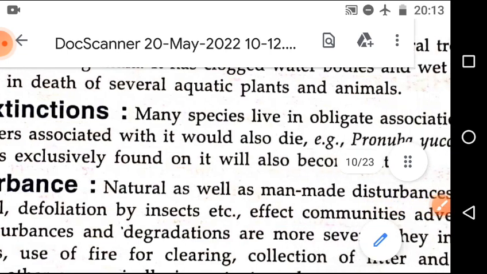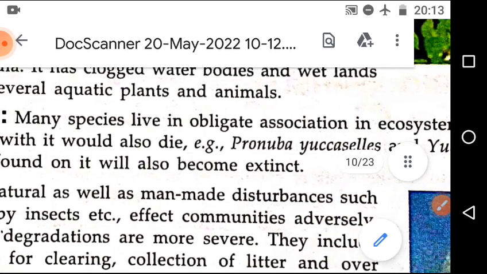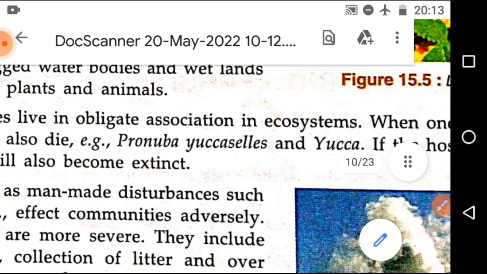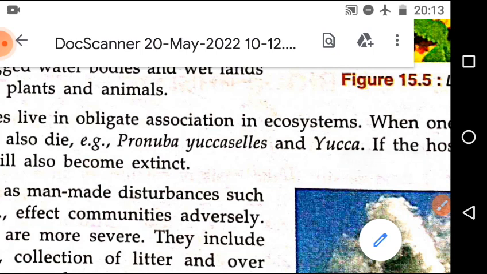Well, Pronuba yuccasella and yucca, one of them is a parasite and the other is a host. The parasite lives inside the host, the yucca plant. Now, if yucca gets extinct, automatically Pronuba yuccasella will also become extinct.